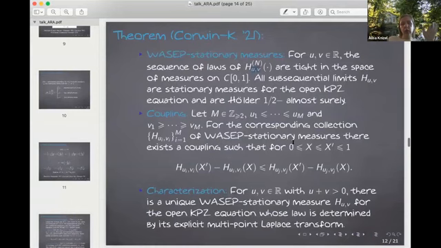So we show that for the stationary initial condition, this sequence of HUV is tight, and we show that all subsequential limits under this scaling are stationary measures for the open KPZ equation. Moreover, we also obtain certain regularity properties and other probabilistic properties for this sequence.